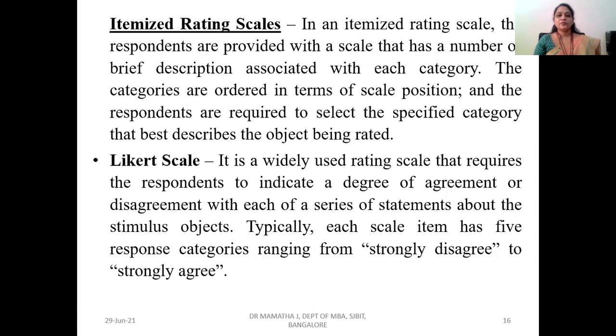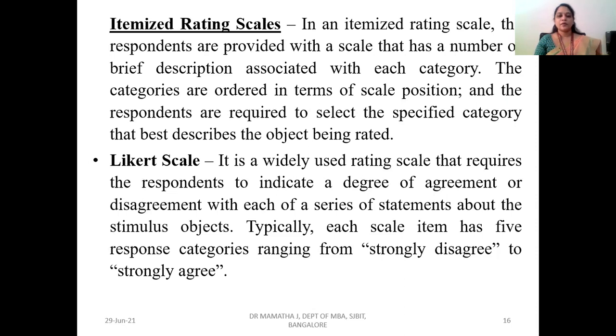It is a widely used rating scale which requires respondents to indicate the degree of agreement or disagreement with a series of statements about the object. Typically, each scale item has 5 response categories, ranging from strongly disagree to strongly agree.